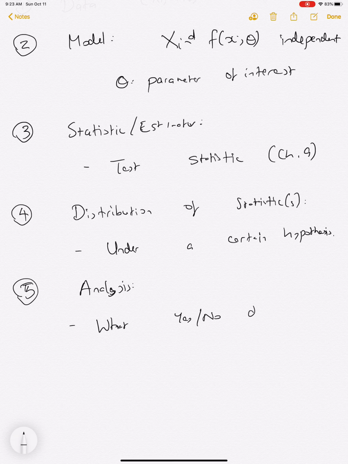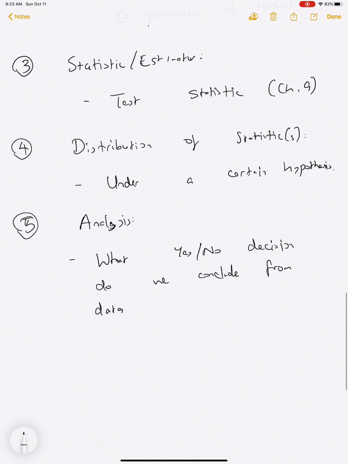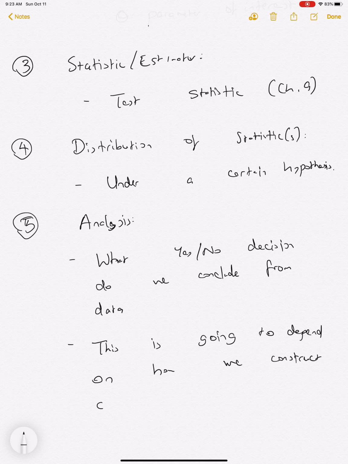So what yes-no decision do we conclude from the data? The other thing to keep in mind is that this is going to depend on how we construct our hypothesis tests.